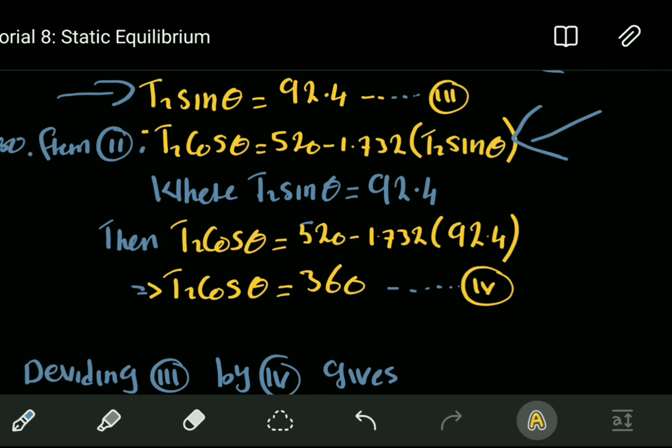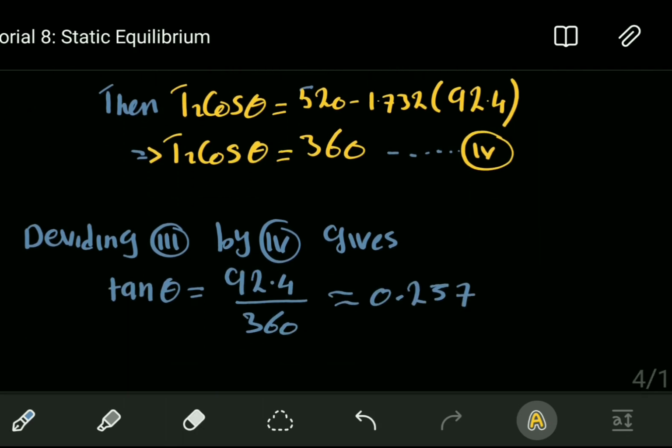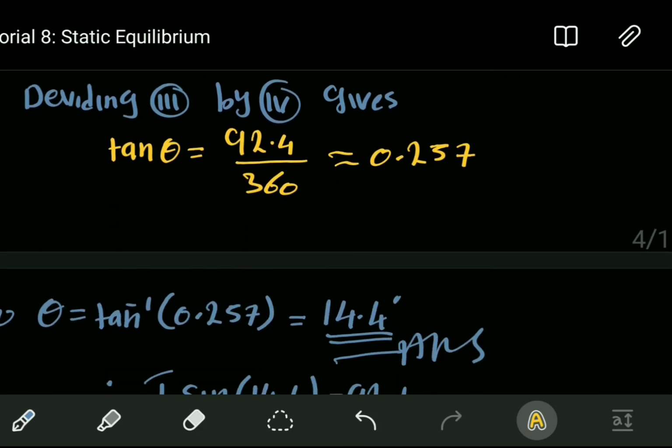If we divide equation 3 by 4, we can get tan theta. Tan theta equals 92.4 over 360, giving us tan theta equals 0.257, from which we obtain the value of theta.